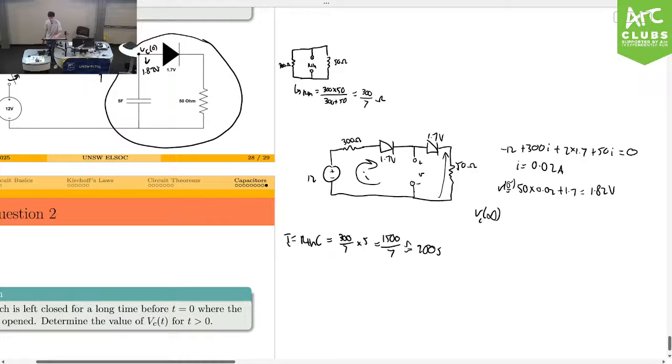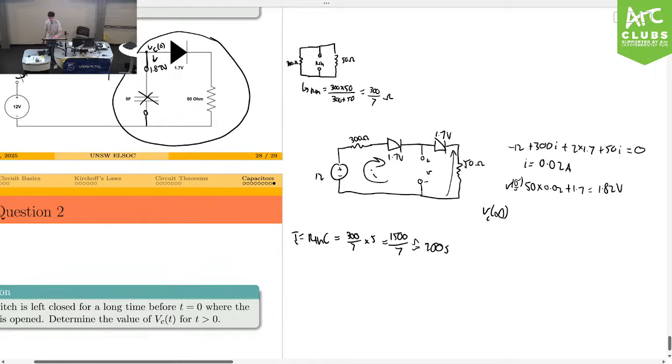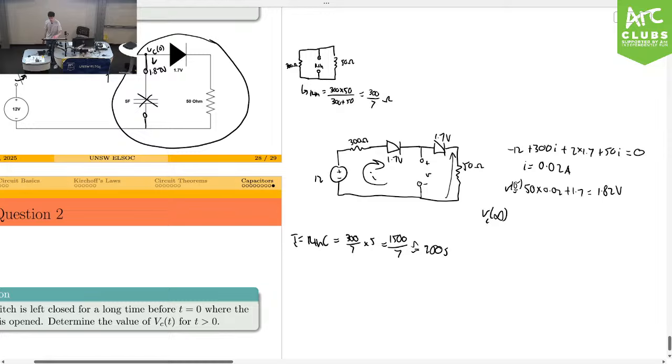Now, when we're finding V of infinite, we're assuming that this is at steady state, so this becomes an open circuit. Now, the weird part is that if this is an open circuit, there's nothing on the left-hand side. There's no current going through the circuit. But there is a diode there, and if there is no current through it, then it becomes an open circuit. So it's like a nonlinear differential equation.